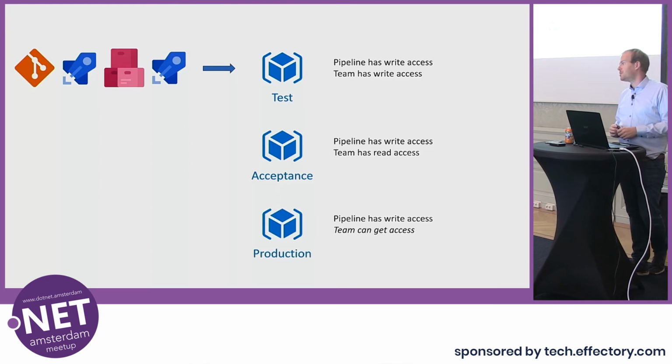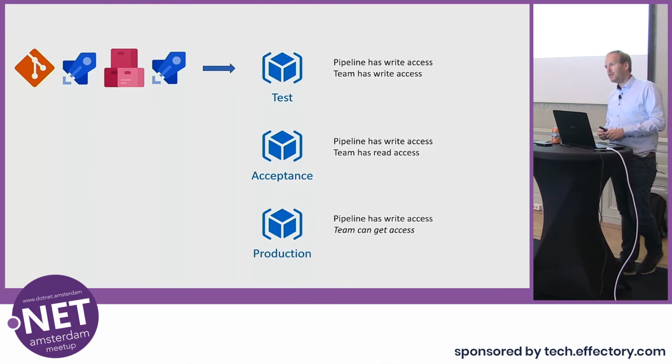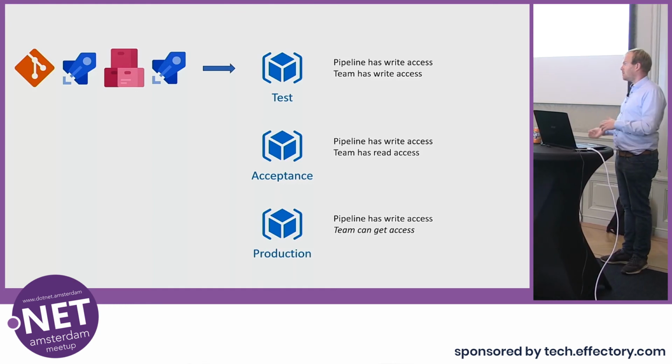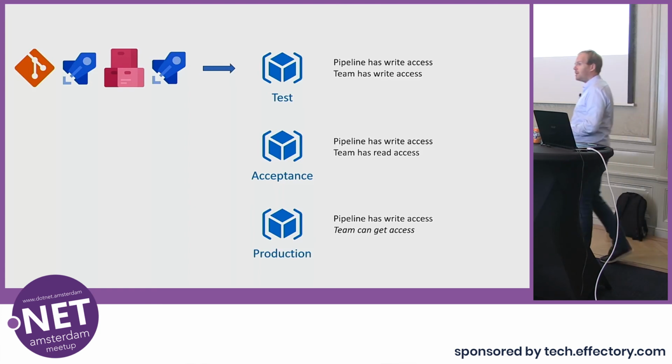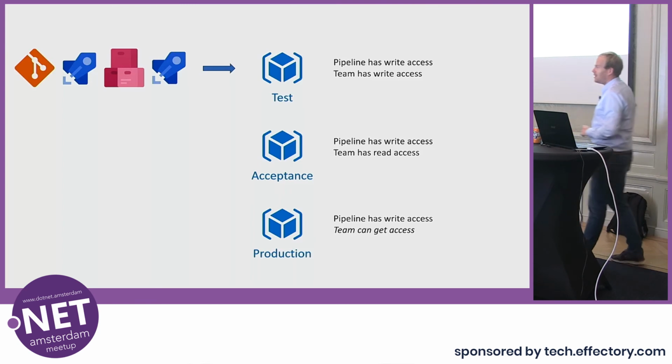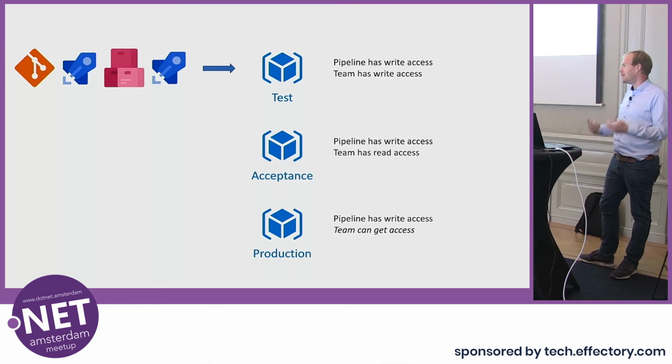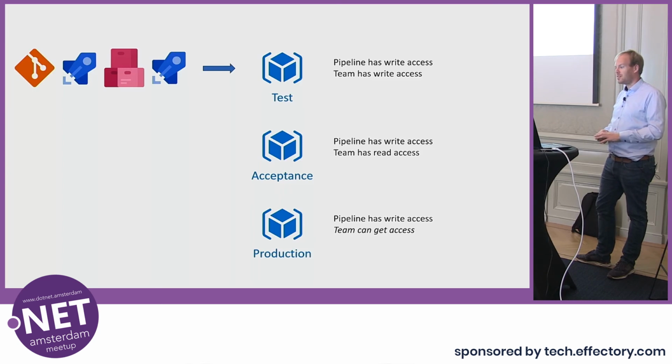That should not be necessary in 2019. The only one with write access is my pipeline. So if I need to scale up something, I do it in source control, wait those 4 or 5 minutes, and have it effected after a review by somebody else. Now, of course, this is really important. They are your resources. If there is ever something really, really important going on, you should be able to provide yourself with access, but you shouldn't have standing access.